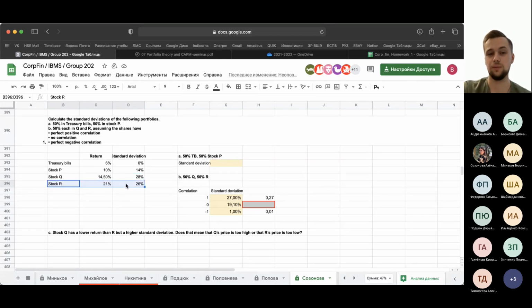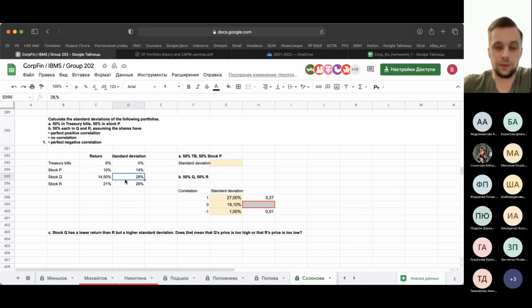Maybe it is a very good return for this standard deviation. Maybe the return for a standard deviation of 28% should be 10%, for example, on the market. So these two stocks are undervalued, and we cannot judge only by looking at these two values. Okay.